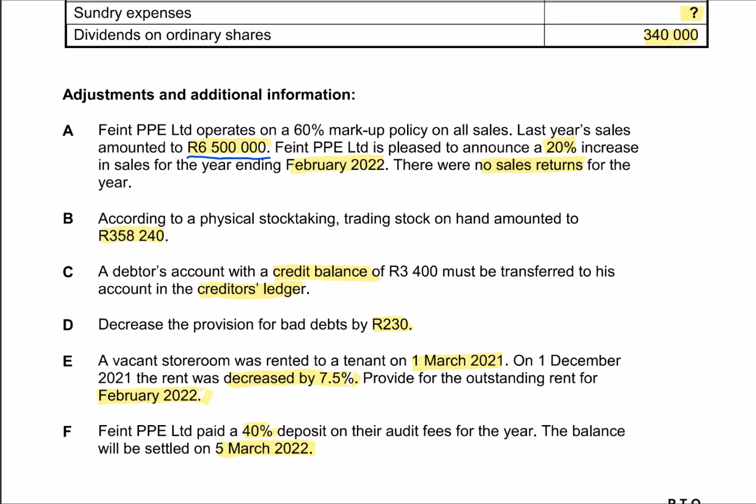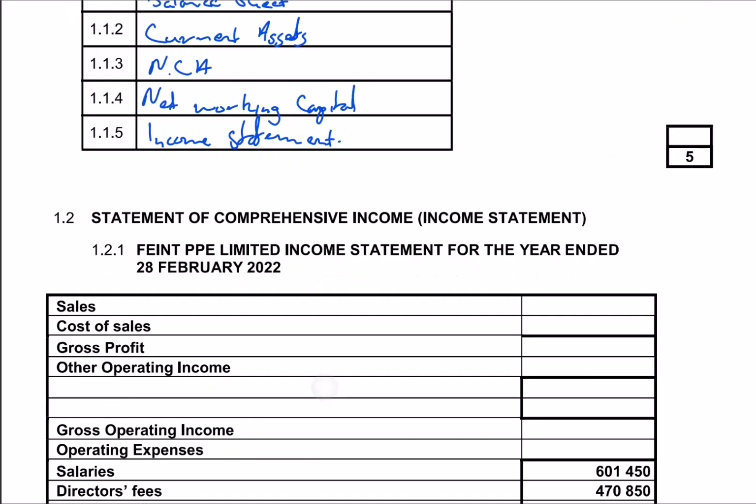The sales would have increased from previous sales by 20%. So this 6,500,000 is for the previous year. So for current sales, you are going to say 6,500,000 times 120%. The reason why I say 120% is I'm already adding the 20%, which gives me the total amount.